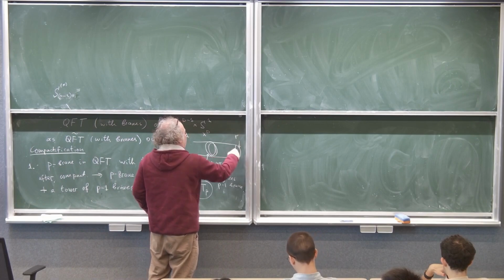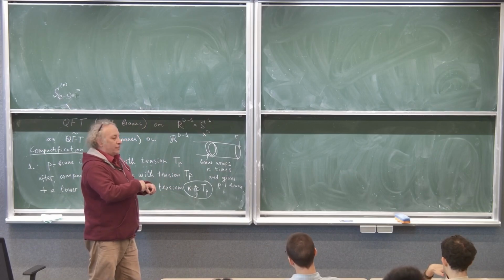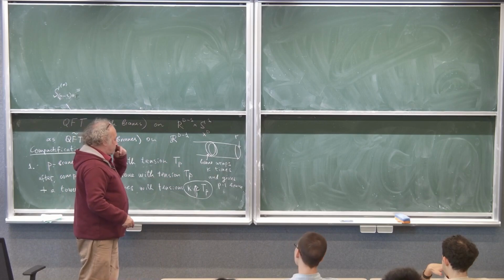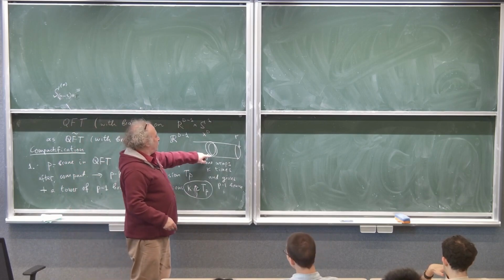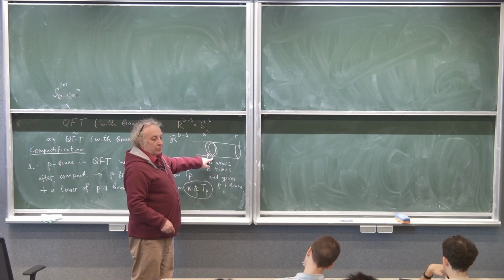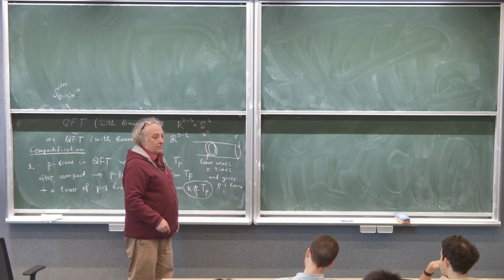So this R is the circumference of the circle. In the simplest case of a particle that gives a point, the length is k times R.